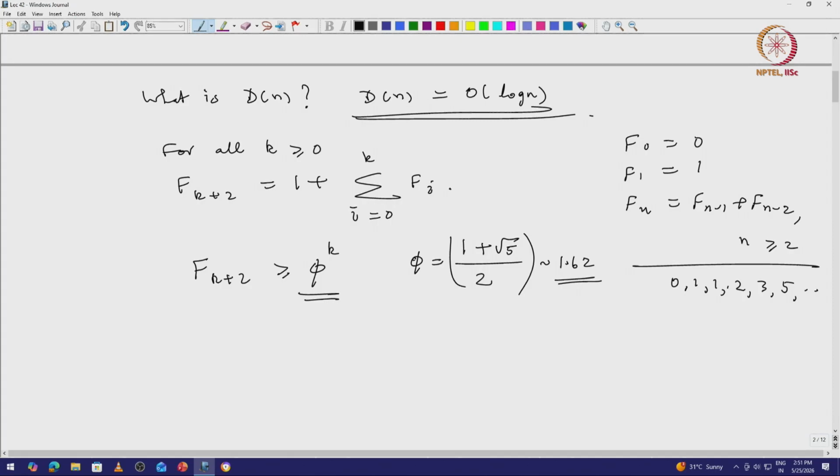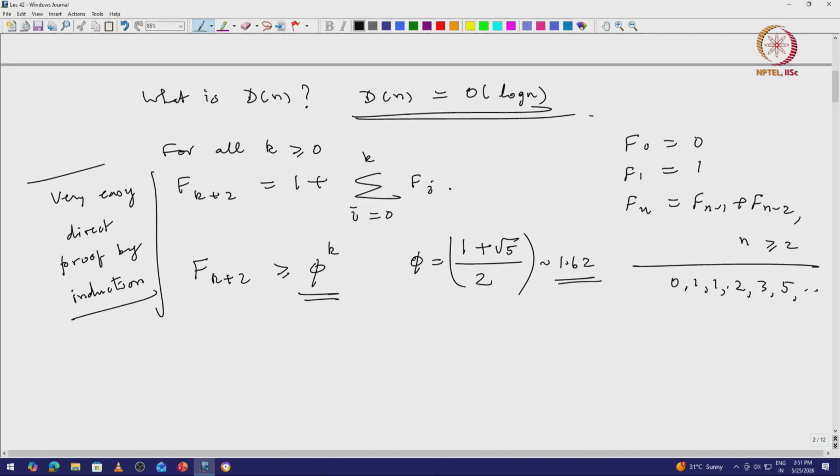Both these proofs are very easy and direct proofs by induction.